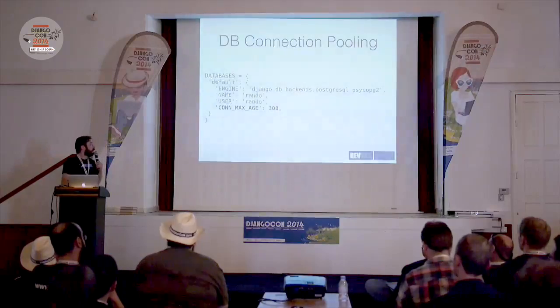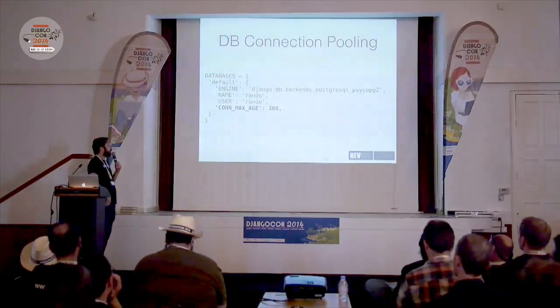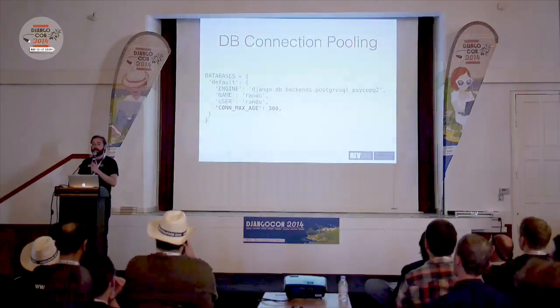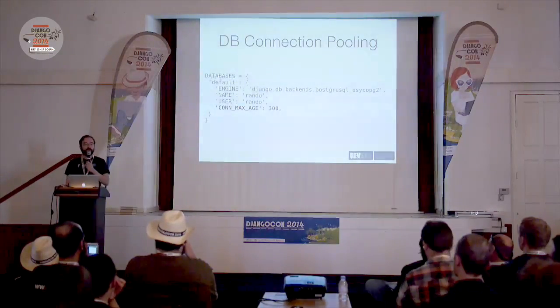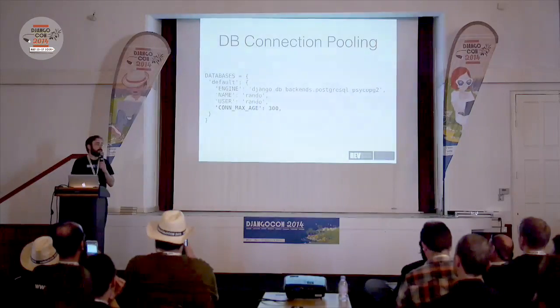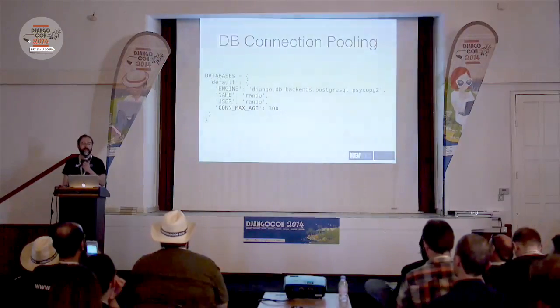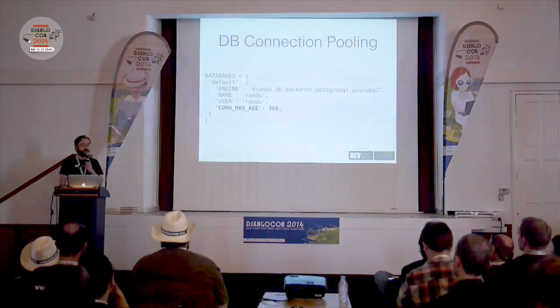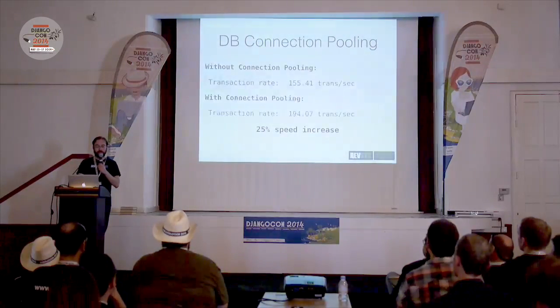So you have a new parameter to your database's config called CONN_MAX_AGE, which tells Django how long to keep these connections open. But by default it's set to 0, so it's not used. So moving to 1.6 doesn't really give you any immediate performance benefit there. But setting it to even something as simple as 5 minutes gets you quite a bit better performance.